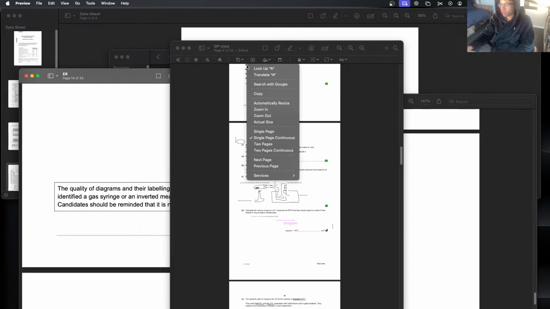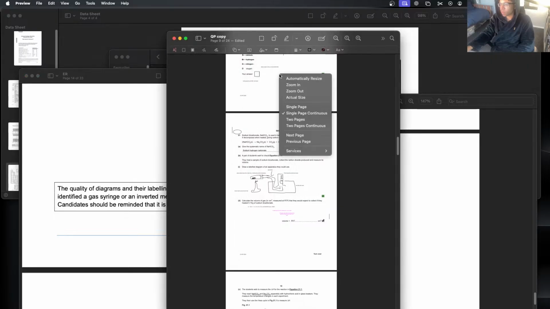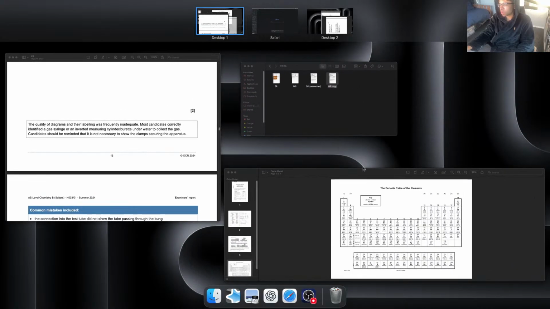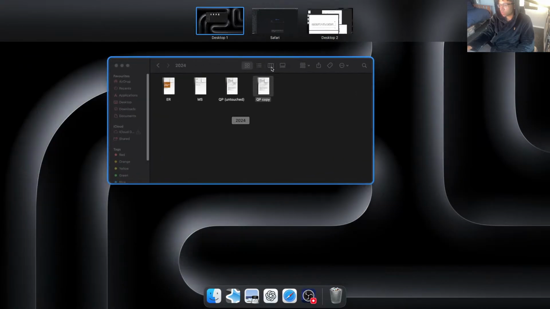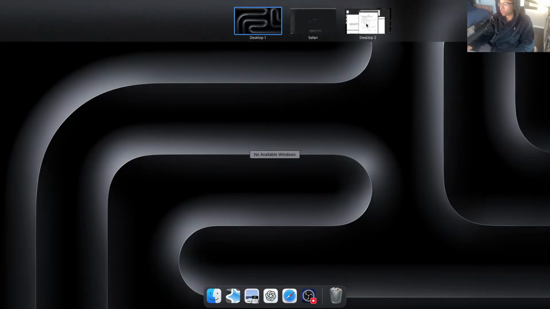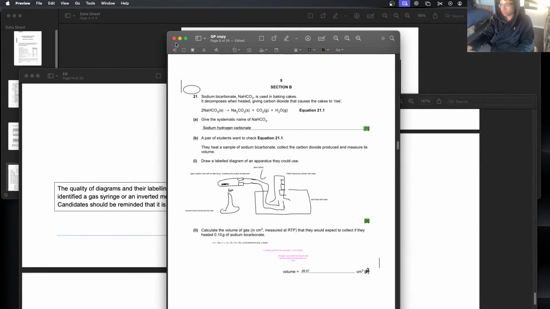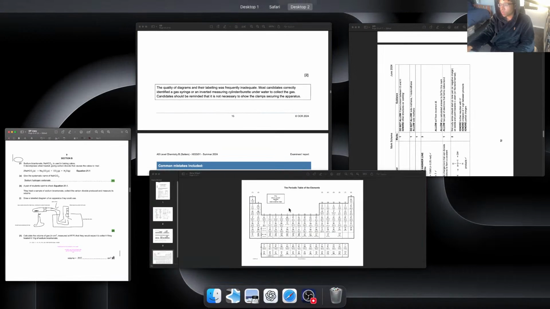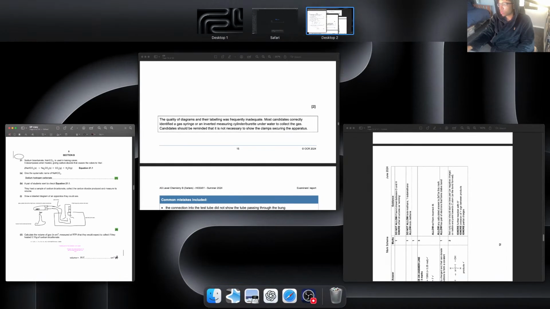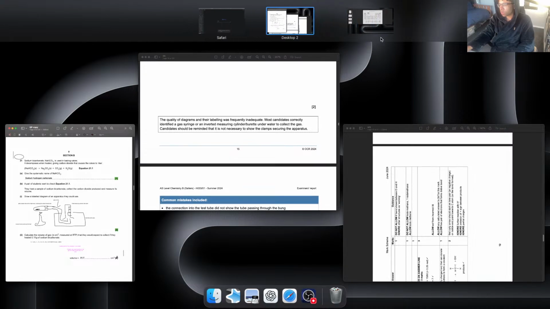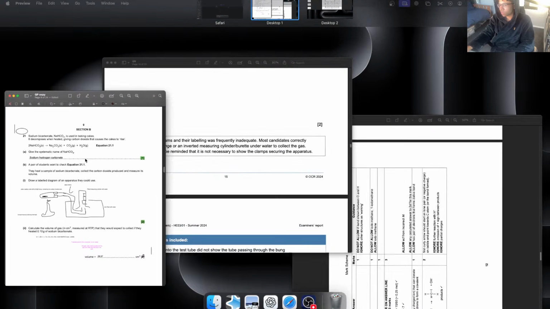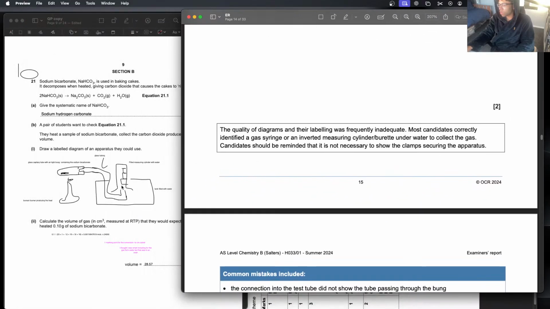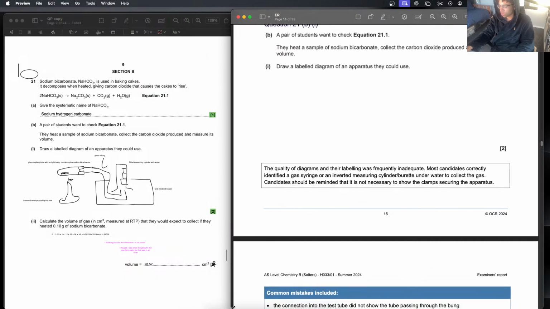Automatically resize. We'll move the data sheet onto this one. The examiner's comments.